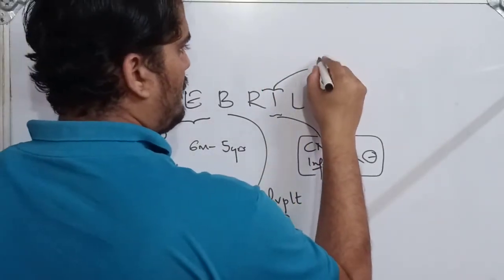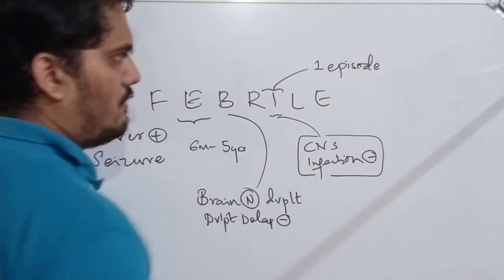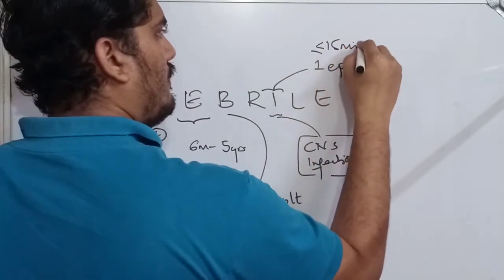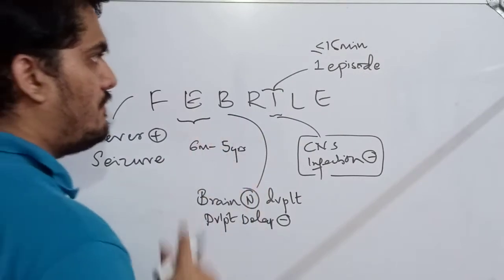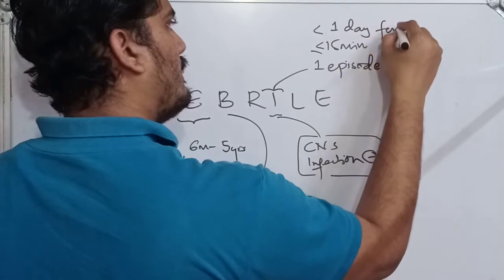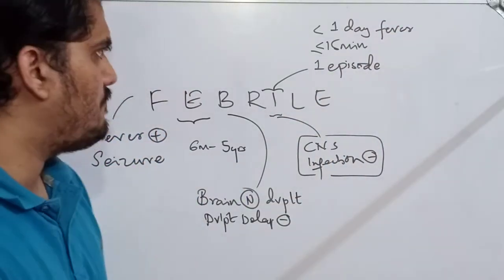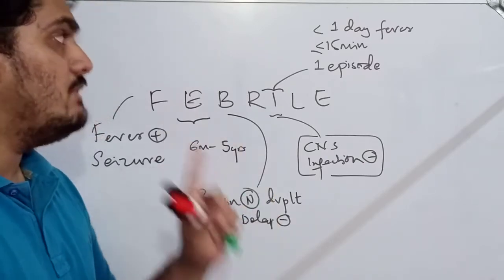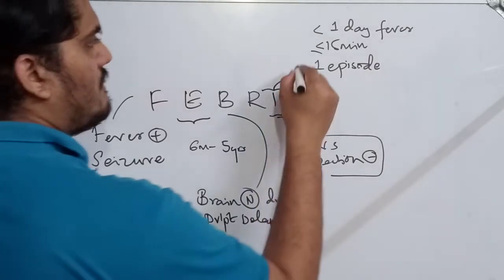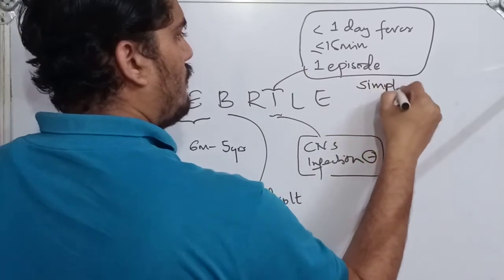That is, if the baby is having only one episode which lasts for less than 15 minutes, within 1 day of the fever, that is within 24 hours of the fever, then this is called a simple febrile seizure.